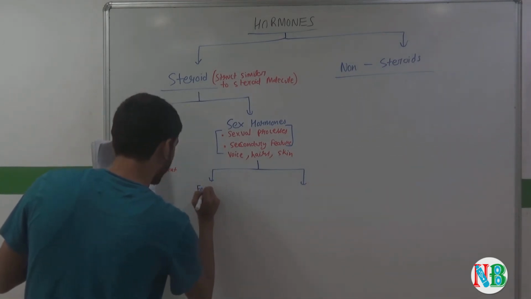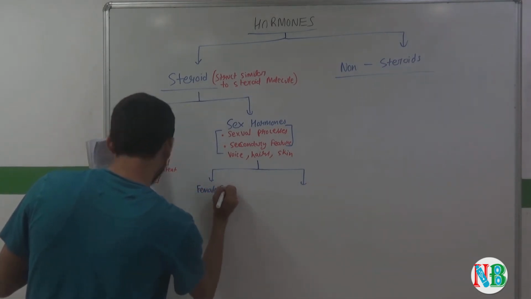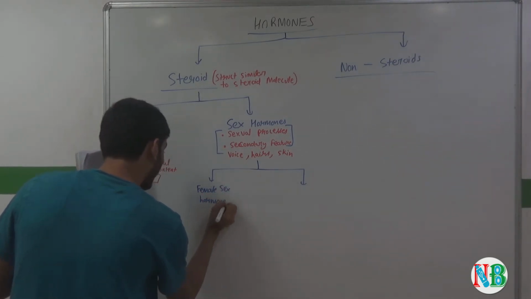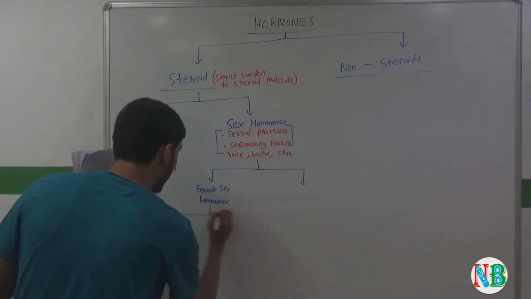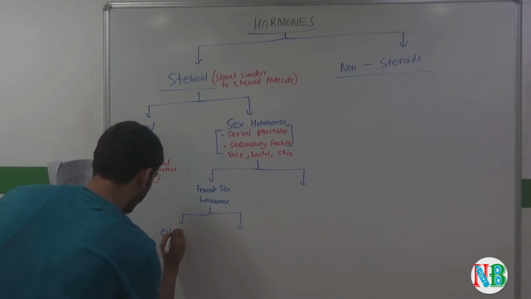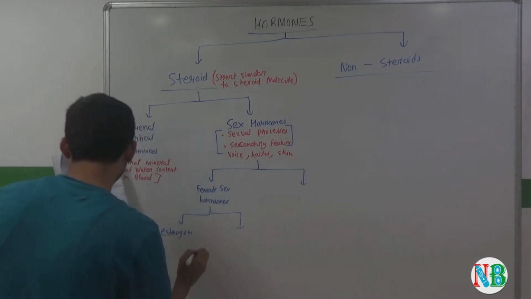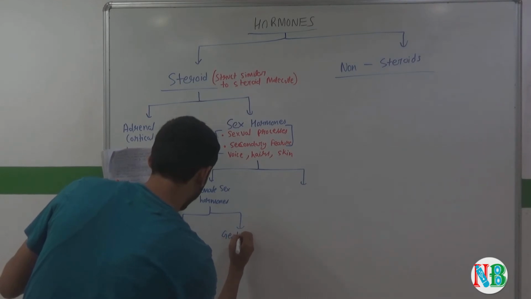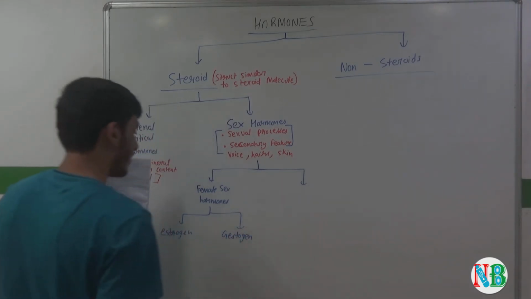First I will list the female sex hormones. Under this we have two types. The first one is estrogen and the second one is progesterone.